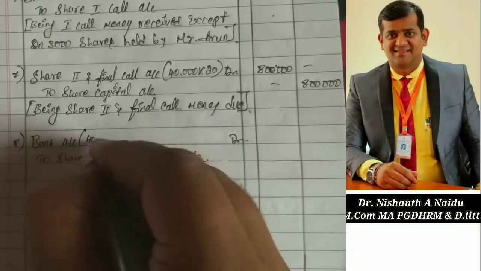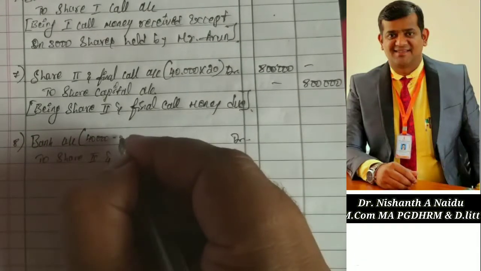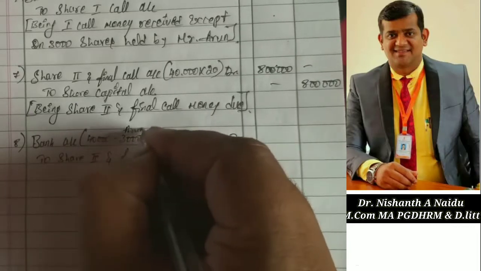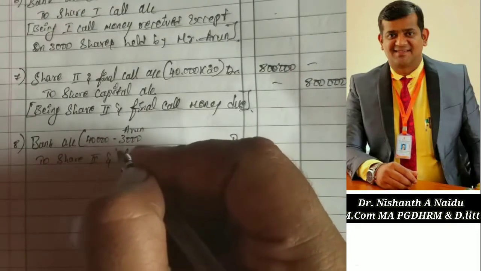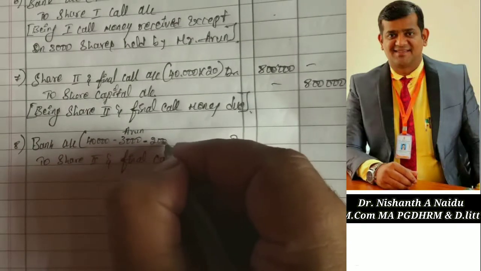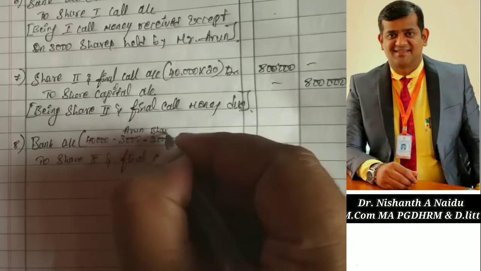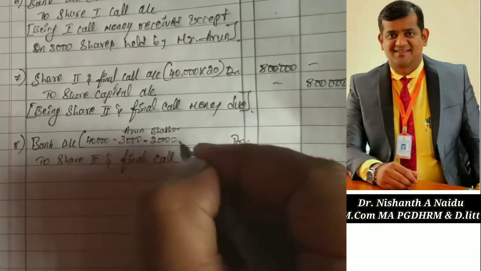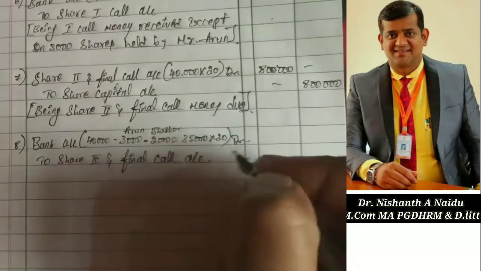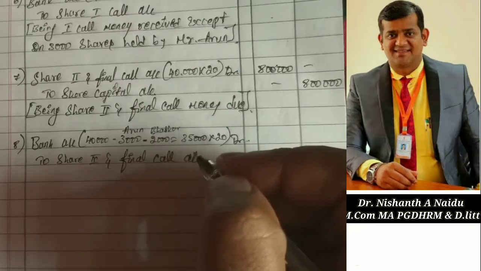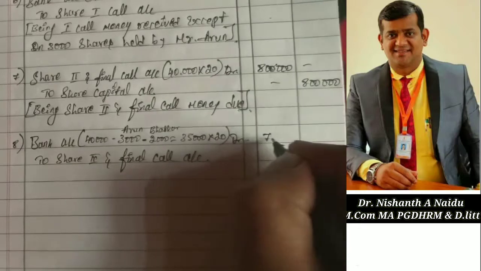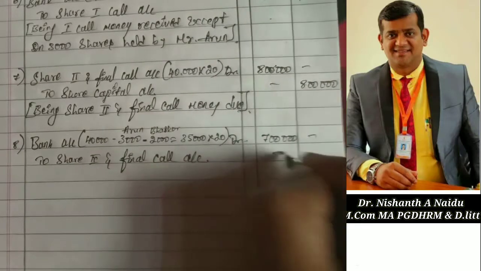So open the bracket, 40,000 minus held by Mr. Arun 3,000, because Arun failed to pay two calls, that is first call and second and final call. Then Mr. Bhaskar is the holder of 2,000 shares, so he also failed to pay the call. So left out is 35,000 into 20. So how much are we supposed to receive? 35,000 into 20 is 7 lakh rupees. So we received 7 lakh.